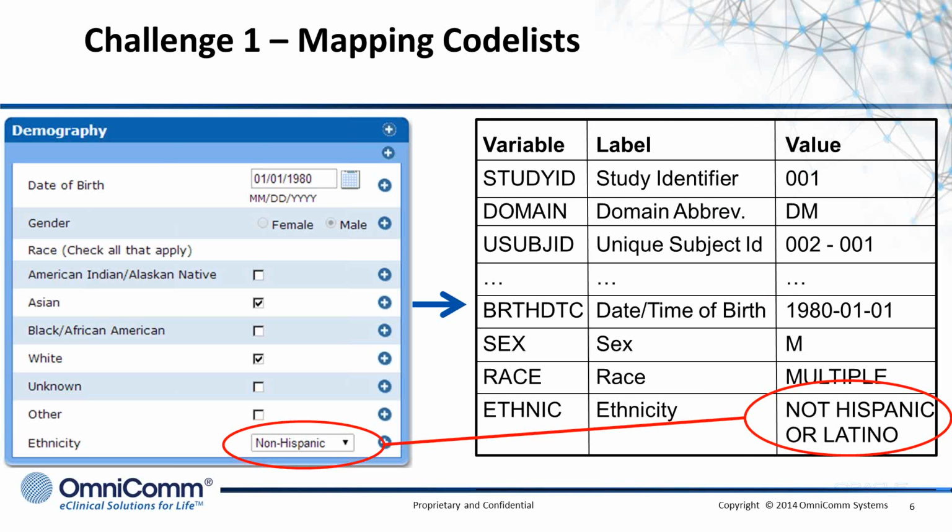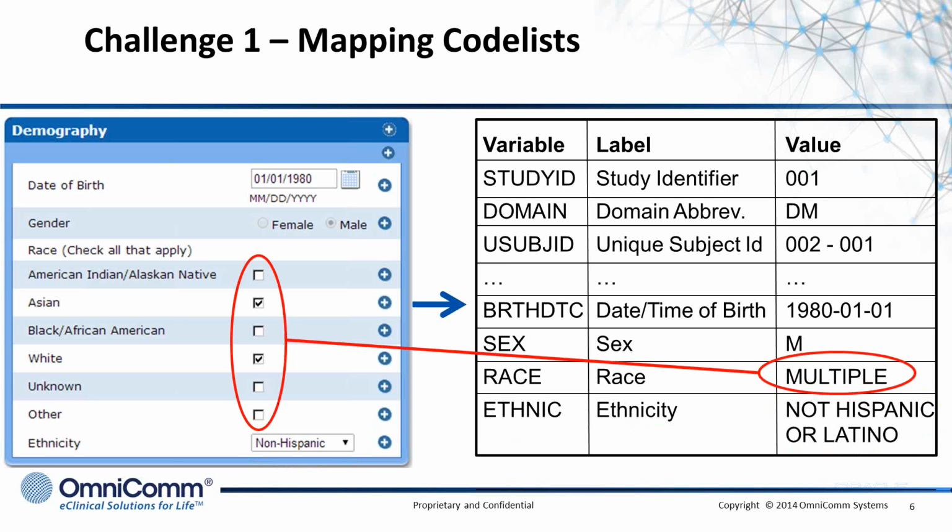For the drop down for ethnicity, we might have stored it in our database as non-Hispanic, but the official CDISC code is not Hispanic or Latino, so we're going to have to do just a little inline mapping there. And you can see we've got a check all that apply race code here, and because more than one was checked, we're going to have to set that as multiple and then take those individual races and drop them into the supplemental domain, the SUPPDM domain.